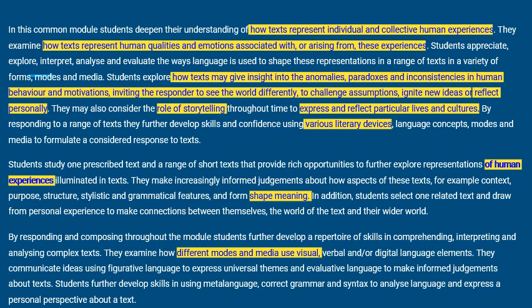Look at how texts represent human qualities and emotions associated with or arising from these experiences. How texts may give insight into the anomalies, paradoxes, and inconsistencies in human behavior and motivations, inviting the responder to see the world differently, to challenge assumptions, ignite new ideas, or reflect personally.